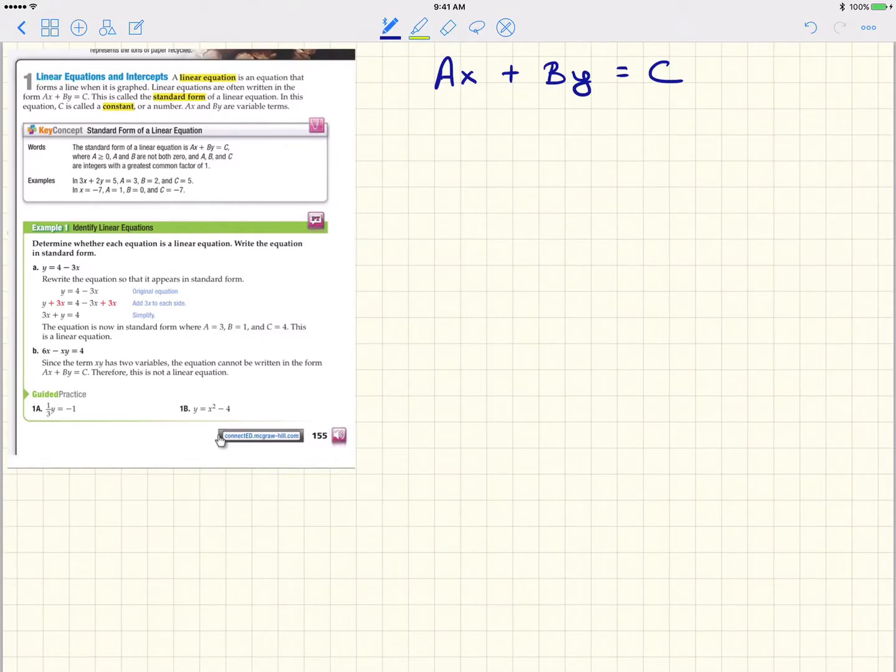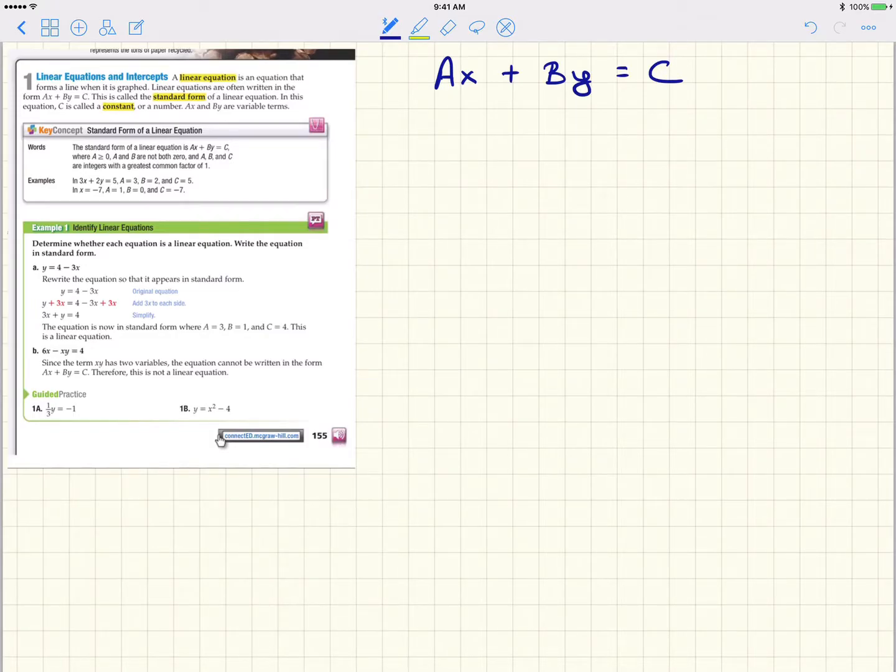A is a value, b is a value, c is a value, and depending on what x is, y is going to change. So x is our input and y is our output. If an equation can be written this way, then it is a linear equation. The equation describes a line.